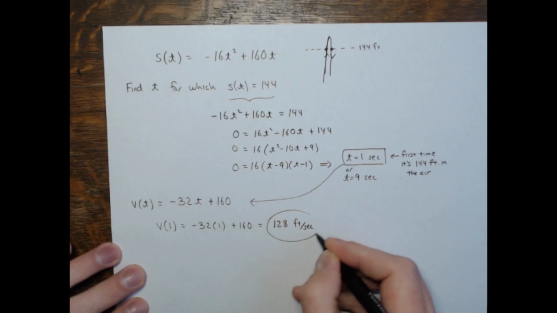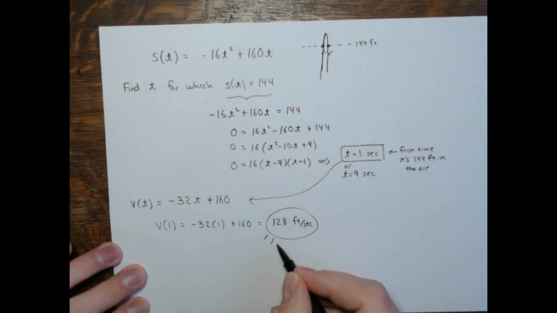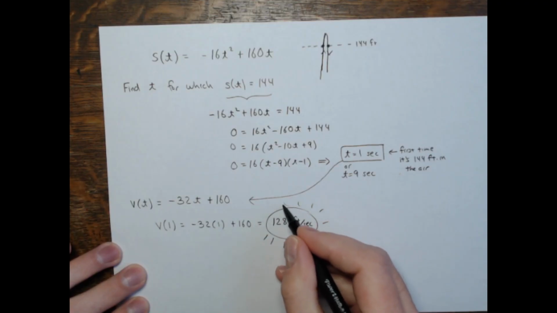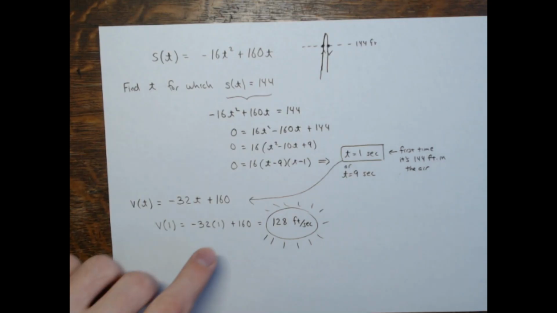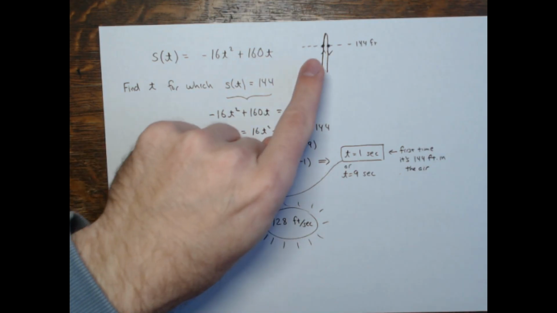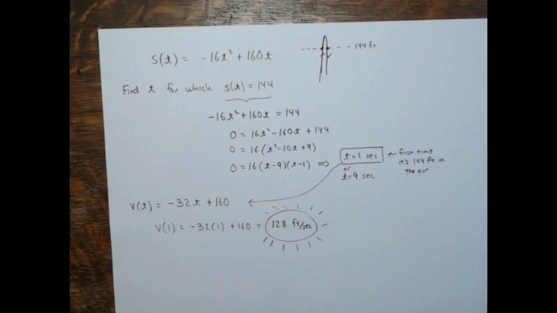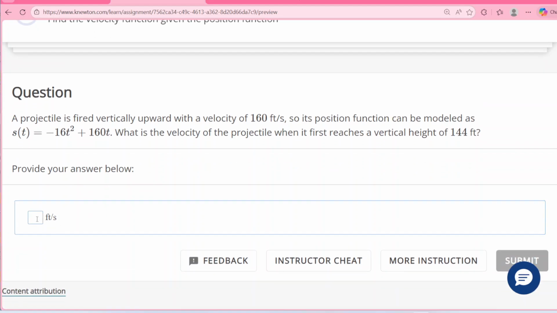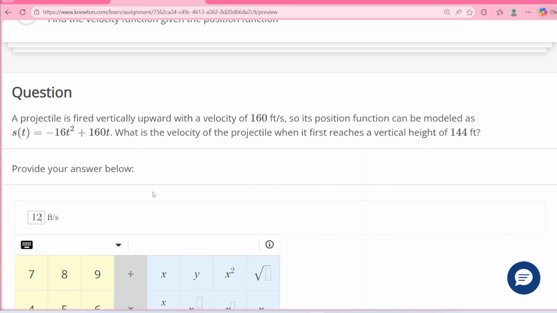That's what they're asking for, what I'm going to fill in the blank. We consider going up as positive and down as negative, so I'm still going up at this speed. I'm going up at a rate of 128 feet per second at 1 second after the thing was shot into the air.